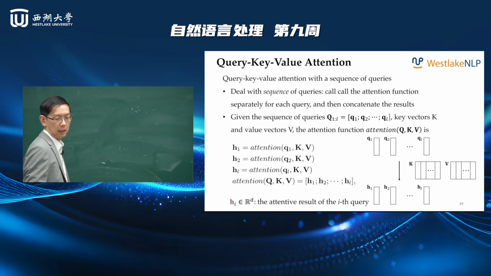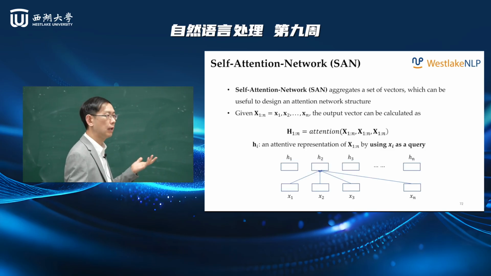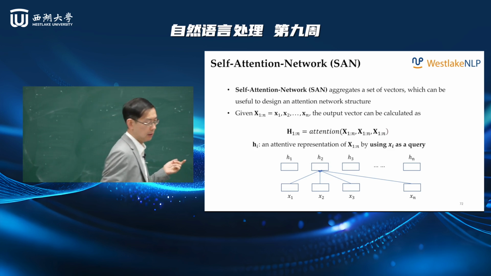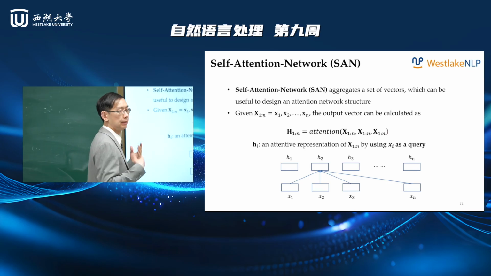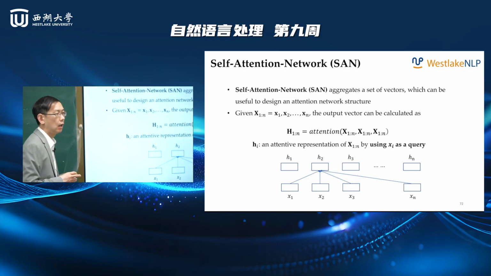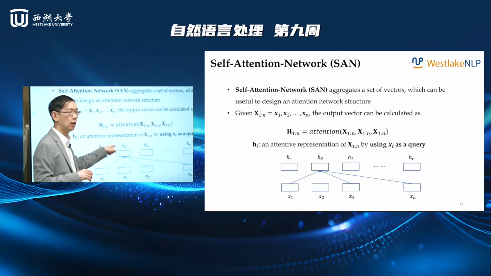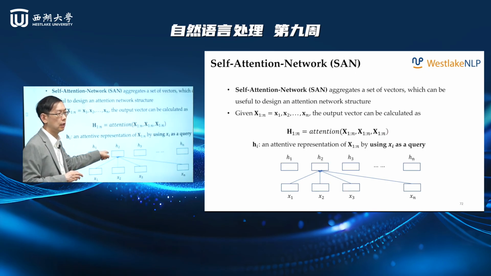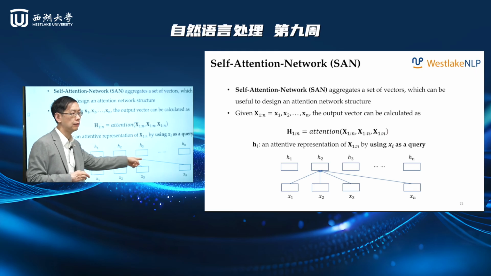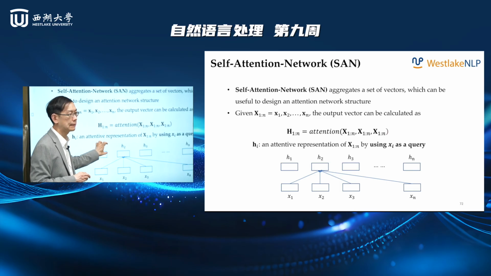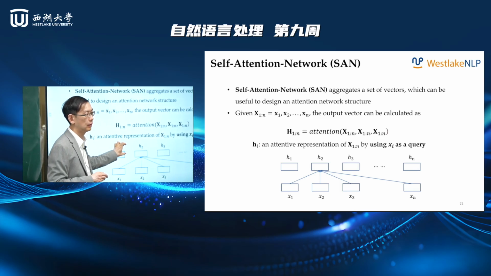And if I run it in parallel, in one go, I calculate a sequence of resulting vectors to represent the whole sequence. Obviously, each output is an aggregation of the input vectors using the current input as the query.